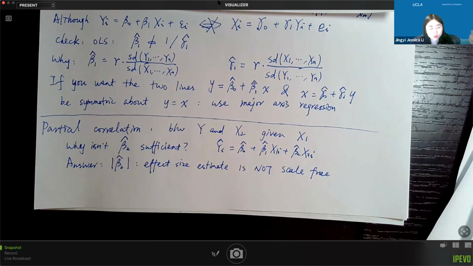So this is another question many people will encounter in practice. That is, do I need to standardize my predictors before running a linear regression? What's your take on that?